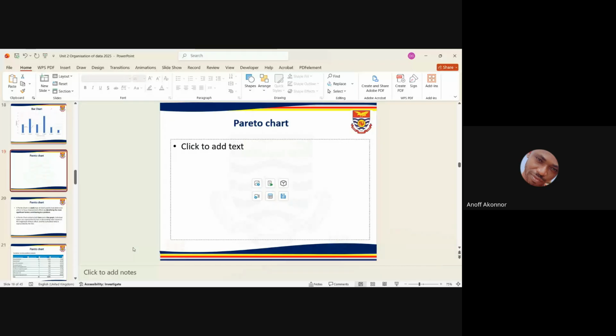When we are done with recording our list and then the frequency, then we would have to arrange the frequency in descending order. It is very important. It helps us when we are doing the graphing. Once you are able to arrange your frequency in descending order, then you calculate the cumulative frequencies.